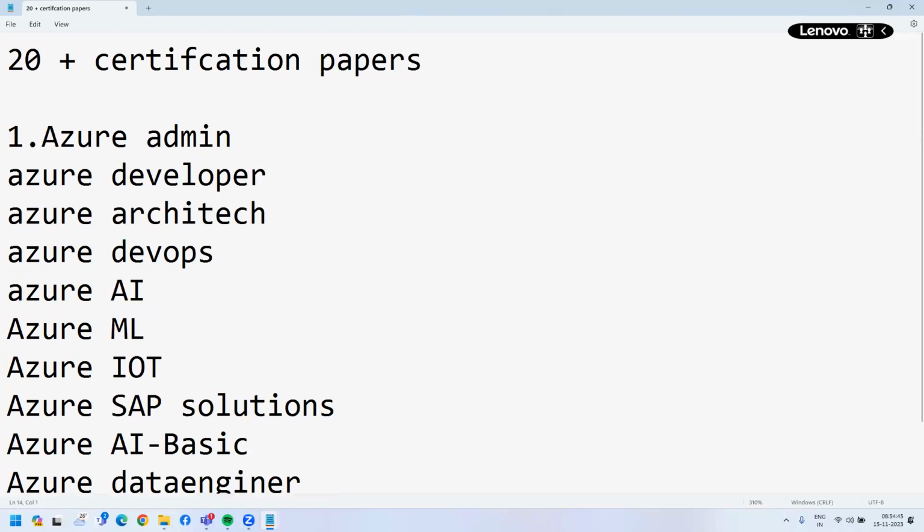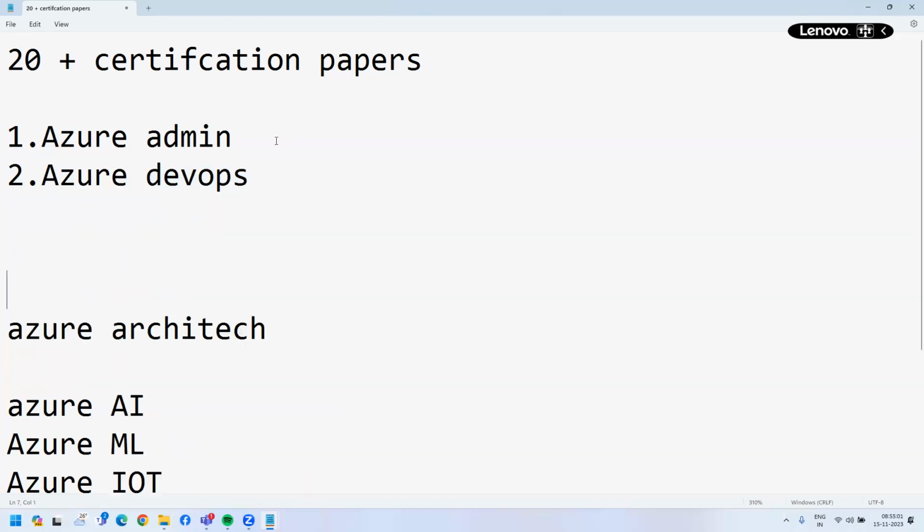Out of them, at this moment, the very popular and mandatory ones are these two: Azure administration with DevOps. Azure administration is mandatory. Azure administration is for entire deployment, management and monitoring. Azure DevOps is simply, I can say, automation.